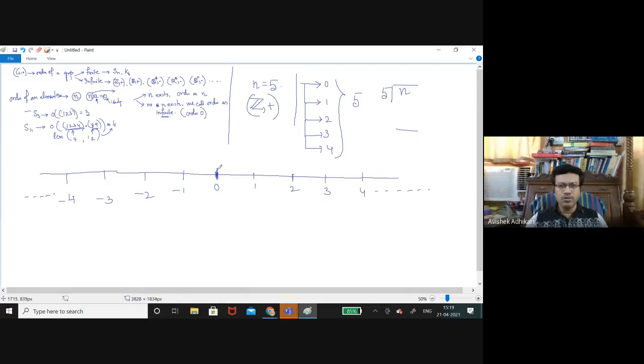Now what I am going to do is take any integer n and divide it by 5, and consider 5 different boxes. This is the box for 0, this is the box for 1, this is the box for 2, 3, and 4.